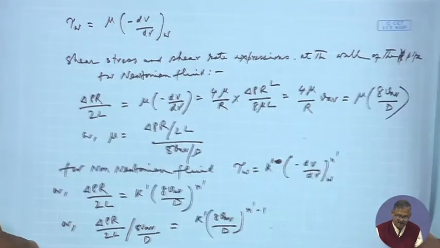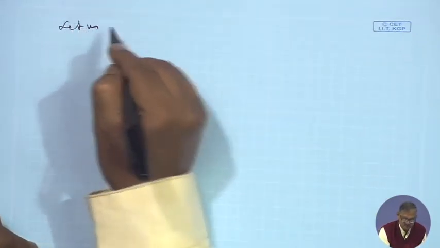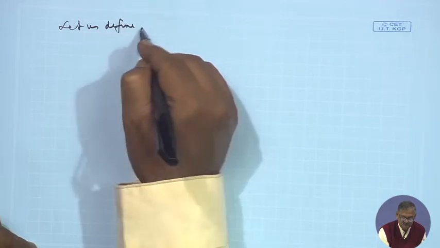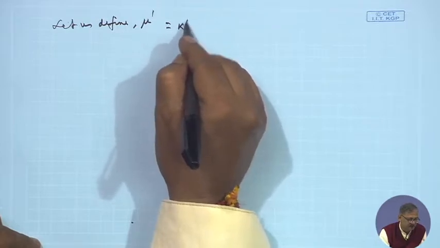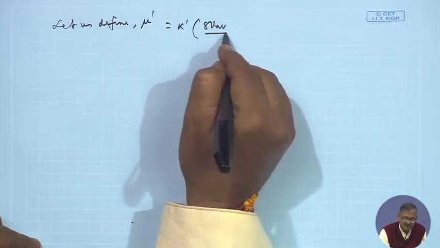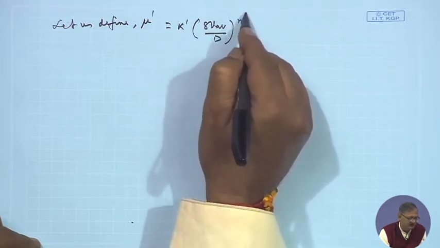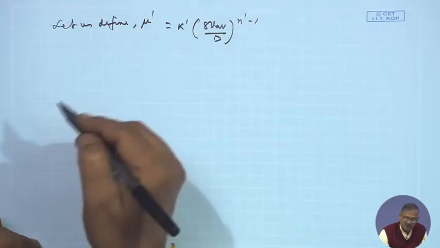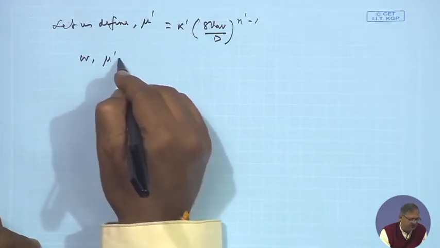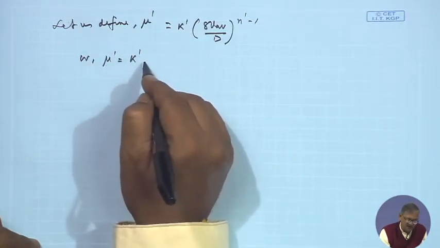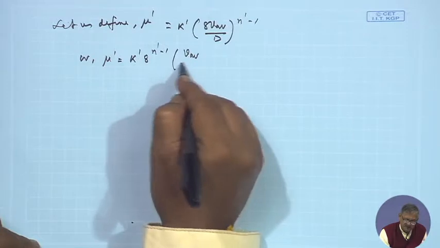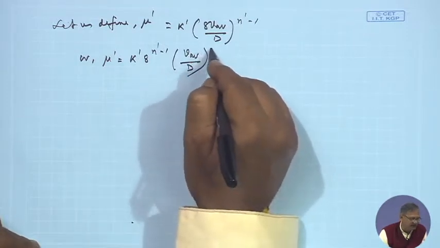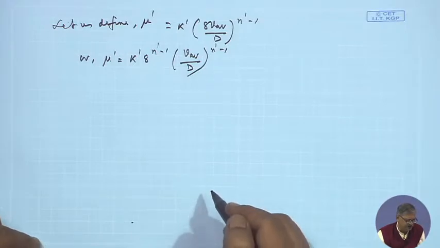Now, let us define mu prime that is equals to K prime into 8 V average over D to the power n prime minus 1, or we can also write mu prime is equals to K prime 8 to the power n prime minus 1 into V average over D to the power n prime minus 1, right.